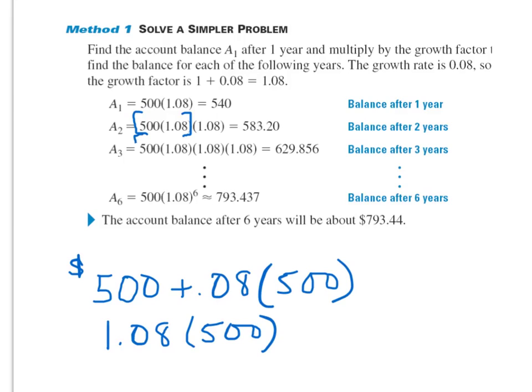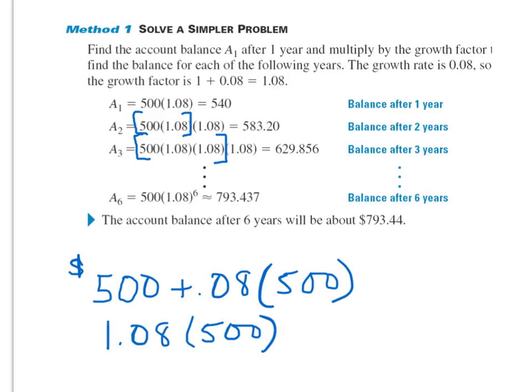At the beginning of the third year, you would have had that 500 times 1.08 once, and then times 1.08 a second time, and come up with that 629.86, and then times another 1.08. So again, we can look at that.